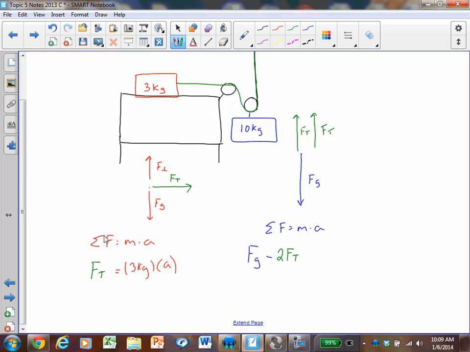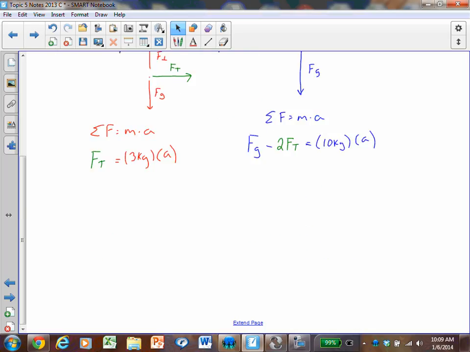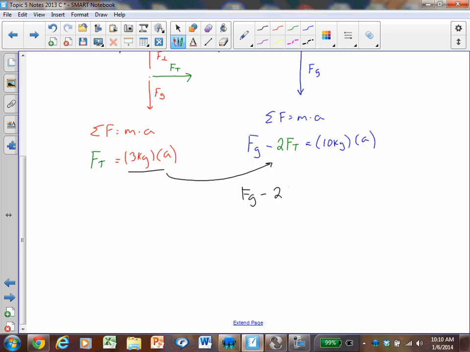Loser in the force side, tension itself, equals 10 kilograms times A. Now we know Ft is also 3 kilograms A from over here, so we can put that right in here. Plugging in this to that is Fg minus 2 times 3 kilograms times A equals 10 kilograms times A.